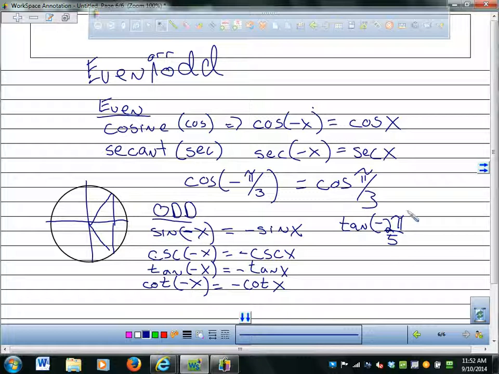I don't know what the tangent of negative 2 pi over 5 is, but I could either find it using my calculator and plug in negative 2 pi over 5, or I can take the negative tangent of positive 2 pi over 5. Okay? And the reason that works is, again, looking at the unit circle.